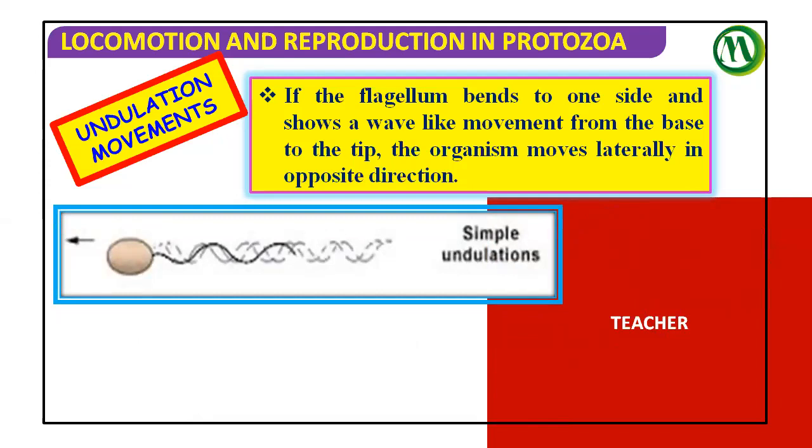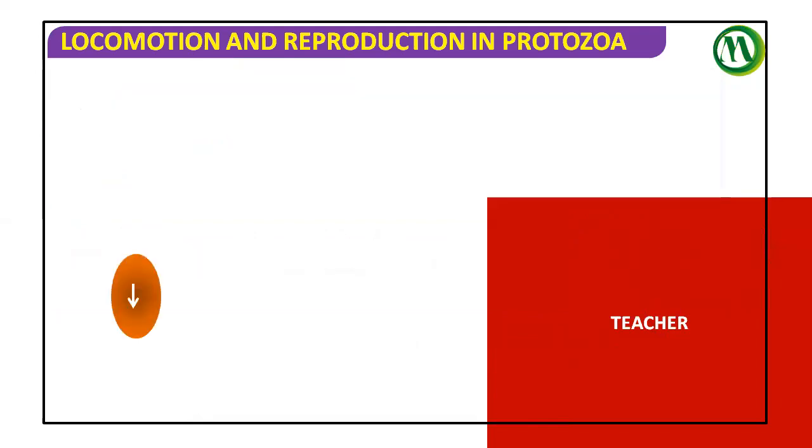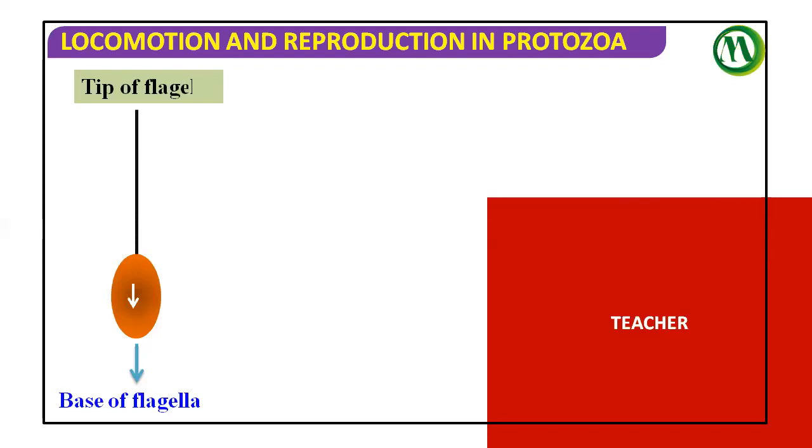Here it is. Simple undulations you can see in the diagram. That is the base of flagellum and that is the tip of flagellum. Now, what we said, the undulations from the tip to base, what do you call that kind of force?